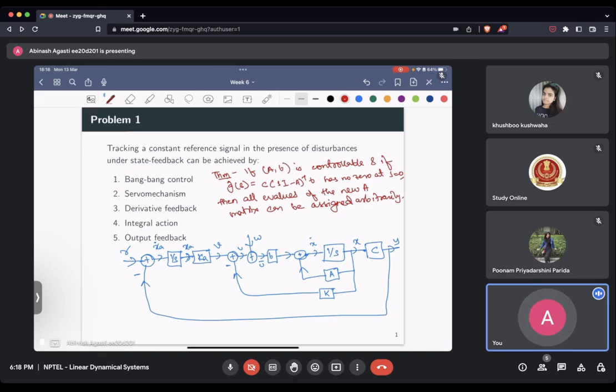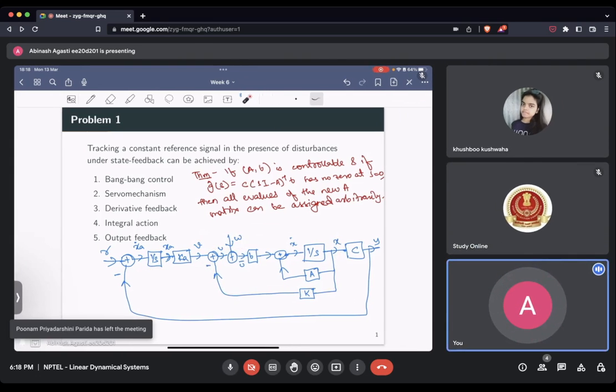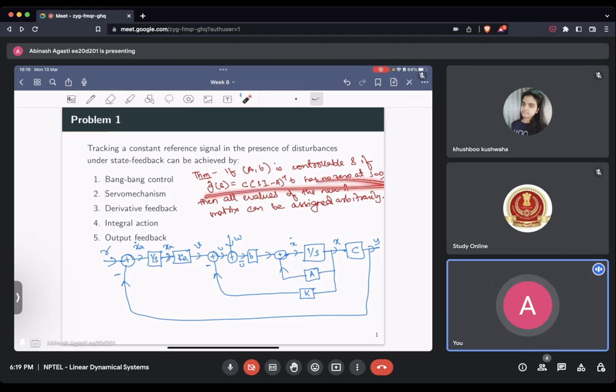Why this is necessary: if there is a zero at the origin for this system without this noise, then this is just a pole that we are multiplying, and the pole also is at the origin, so there will be a pole-zero cancellation. So we want no zero of the transfer function to be at the origin. Then all the eigenvalues of the new A matrix can be assigned arbitrarily.